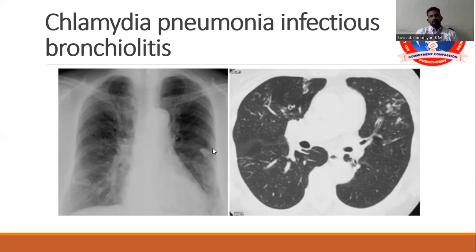And this sort of a hazy, ill-defined opacity with no lobar predominance is a typical feature of a bronchopneumonia. And it also occurs in infectious bronchiolitis, and infectious bronchiolitis most closely resembles bronchopneumonia pattern, and this usually occurs with chlamydia pneumonia.